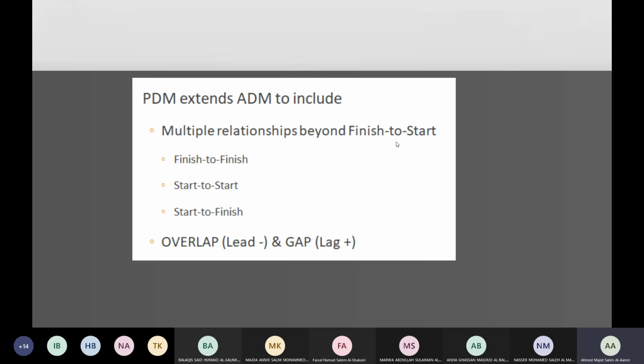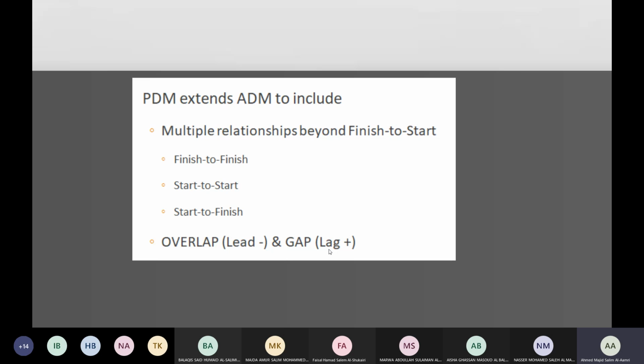So once again, ADM has only finish to start. In BDM, you don't have only finish to start, you have finish to finish, start to start, and then start to finish. And then it says that in BDM we now have overlap, which is lead, and gap, which is lag, and this is the artificial days that we have talked about.